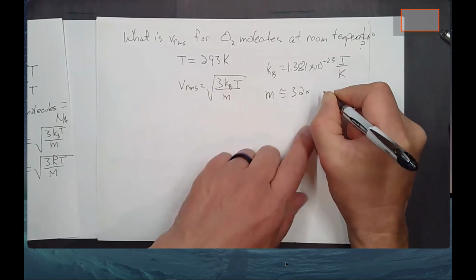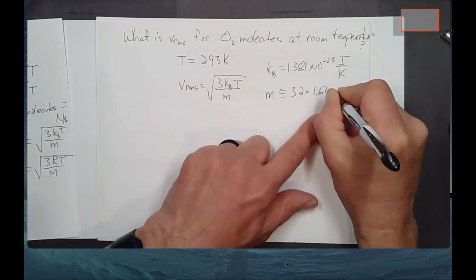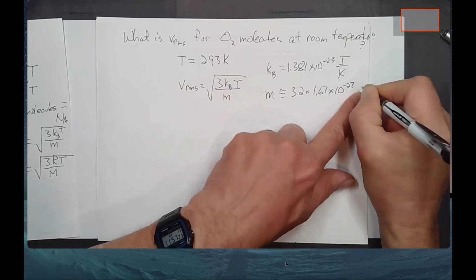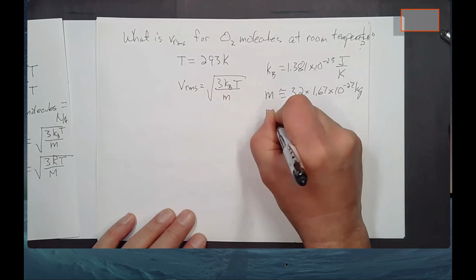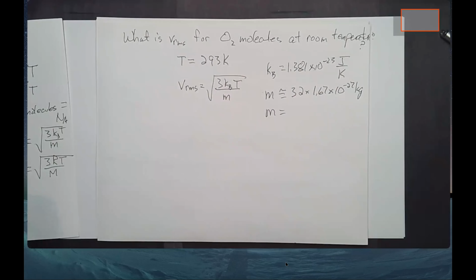So you'll have 32 nucleons. And the average mass of a proton and neutron is about 1.67 times 10 to the minus 27th kilograms. And so the mass of an O2 molecule is going to be whatever you get when you multiply that out.